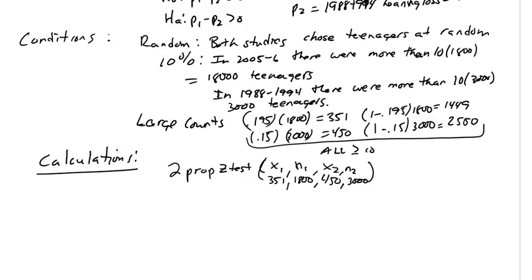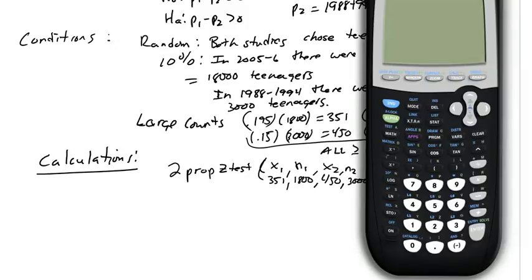So stat over to test, number 6, and 351, and 1800, and then 450, and 3000, and we want P1 to be greater than P2, and then we just want to calculate that.